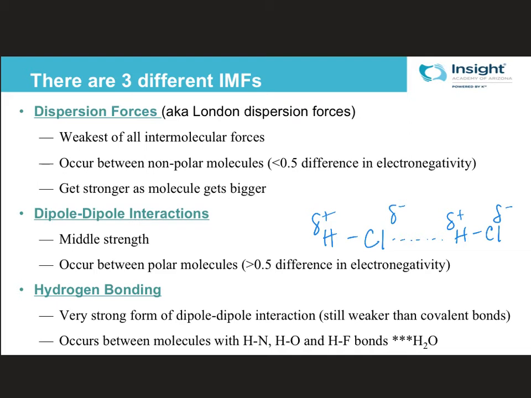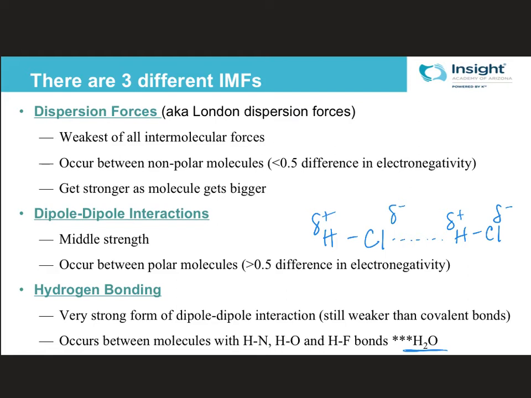Another example you want to be familiar with is hydrogen bonding. These are special dipole-dipole interactions that are very, very strong because the electronegativity difference is a lot bigger. This will only occur with hydrogen attached to nitrogen, oxygen, and fluorine. Hydrogen bonding is what gives water its amazing abilities to essentially make life possible for us.